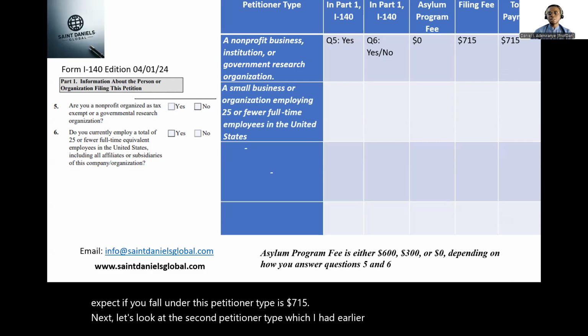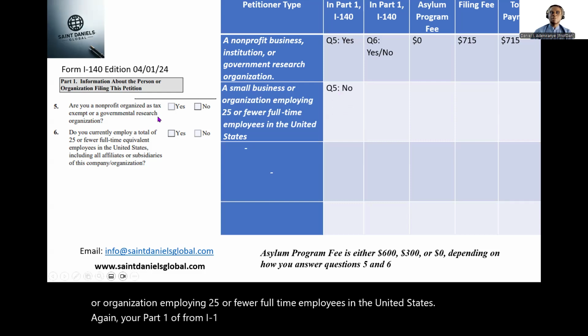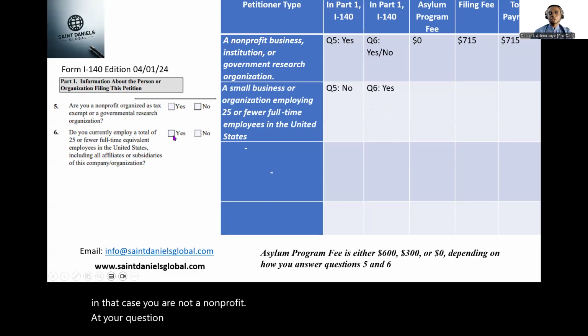Next, let's look at the second petitioner type, which I explained earlier: a small business or organization employing 25 or fewer full-time employees in the United States. Again, in Part 1 of Form I-140, question 5 in that case will be no, because you are not a nonprofit. And your question 6 will be yes, because you are saying you employ 25 or fewer full-time employees.